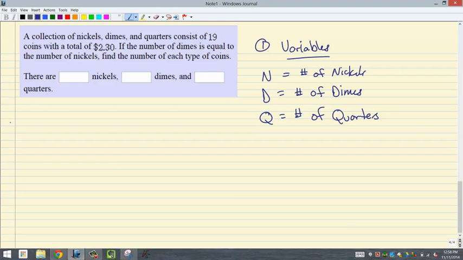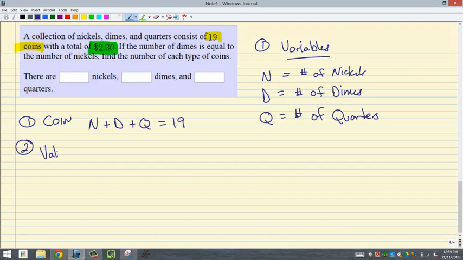So we're going to start out with an equation. Equation number 1. We're going to call this the coin equation. We understand that there are 19 coins. So that means the number of nickels plus the number of dimes plus the number of quarters equals 19. The value equation. And specifically, we're going to measure this in cents.